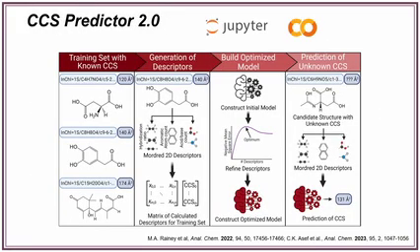Another one, this is from Facundo Fernandez's group at Georgia Tech, is something that you could have more on your own computer. This is CCSP Predictor 2.0, which is set up in a Jupyter notebook like you just saw Jess and Christine run, and then also as a Google Colaboratory page, which is something new to me. I haven't heard of it before. But it uses a very similar strategy.